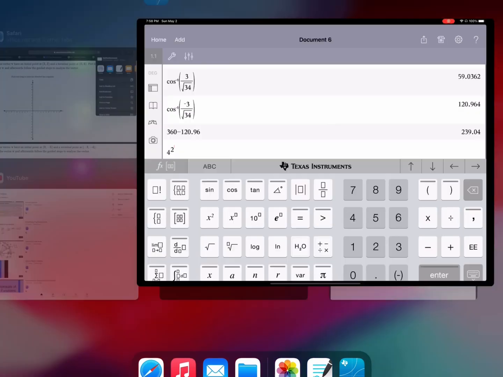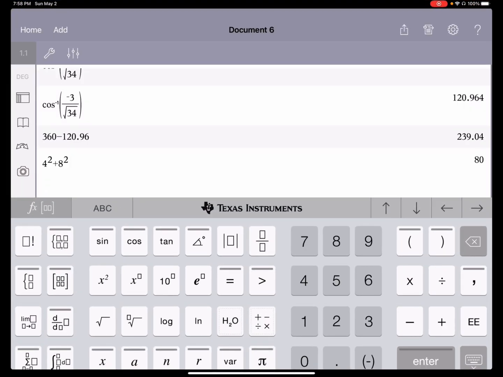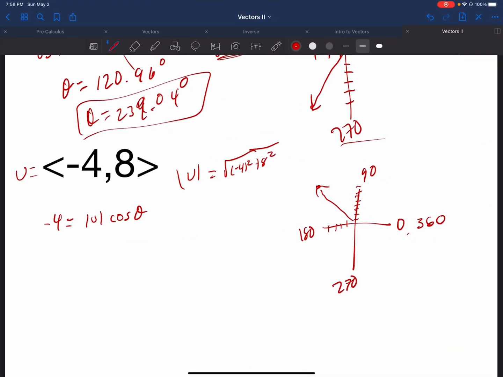And then add 8 quantity squared. So this will be the square root of 80. I am not going to simplify it because I'm going to be working with it. So negative 4 equals the square root of 80 times the cosine of theta. Divide both sides by the square root of 80.